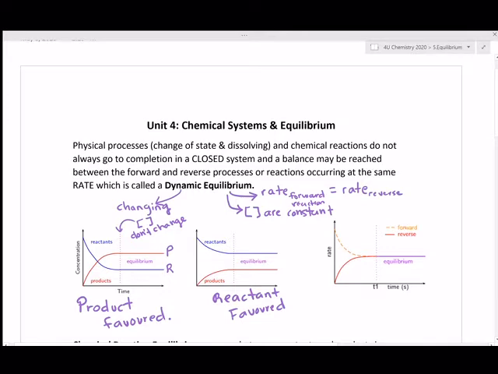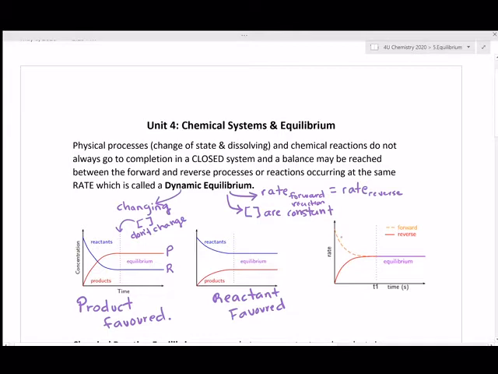Okay, now let's look at this final graph, which is entirely different axes. Well, we still have time on the bottom, but now we're looking at rate. So just another way of thinking about it, that the forward rate, so say things are making products very quickly at first, that rate is going to get slower and slower, because what we've just learned in the rate unit is that as concentration decreases, rate will be slower because you're going to have less collisions.